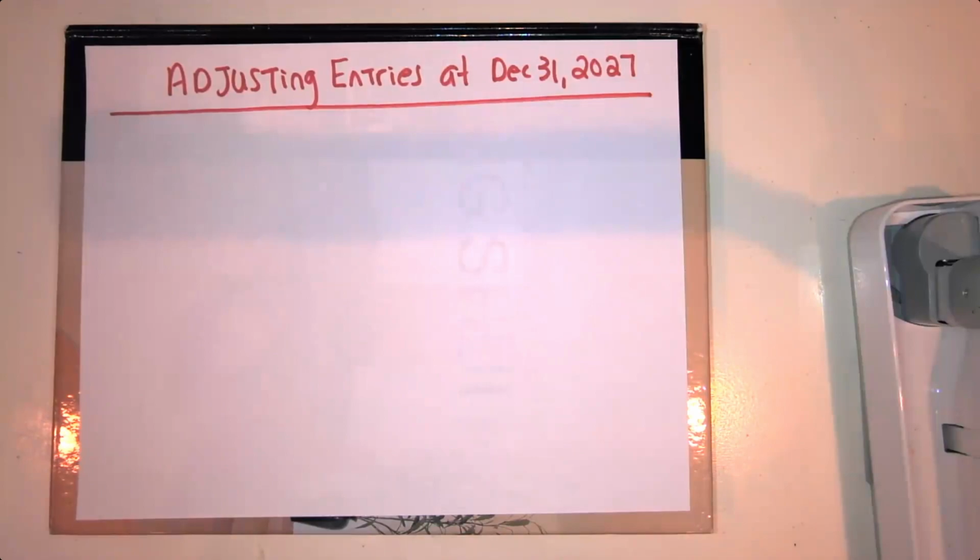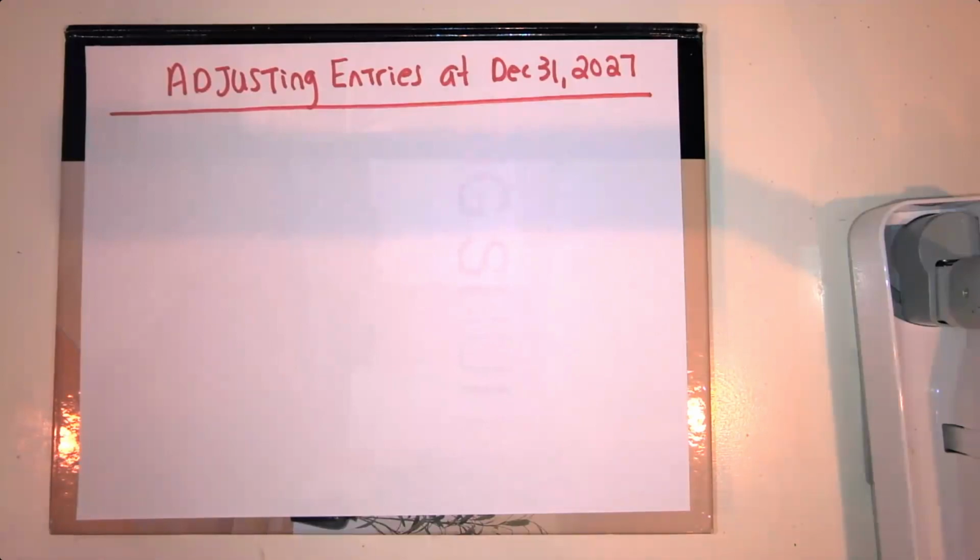Number 1 says that salaries earned by employees which have not yet been paid by ABC Company amounted to $12,000. So what has happened here is the employees have worked. They have done their job. Payroll just hasn't processed yet. So as of December 31, we have not actually paid the employees for the work that they've done.